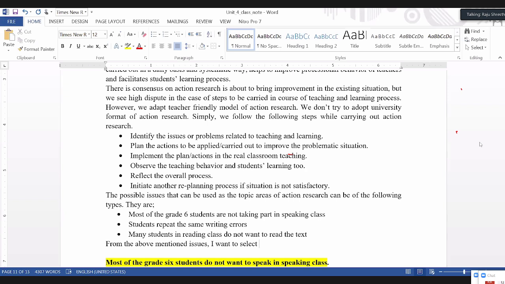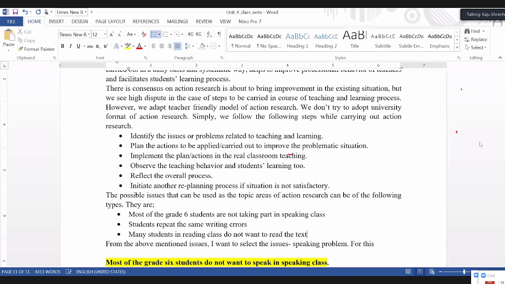I want to select the issue, speaking problem.